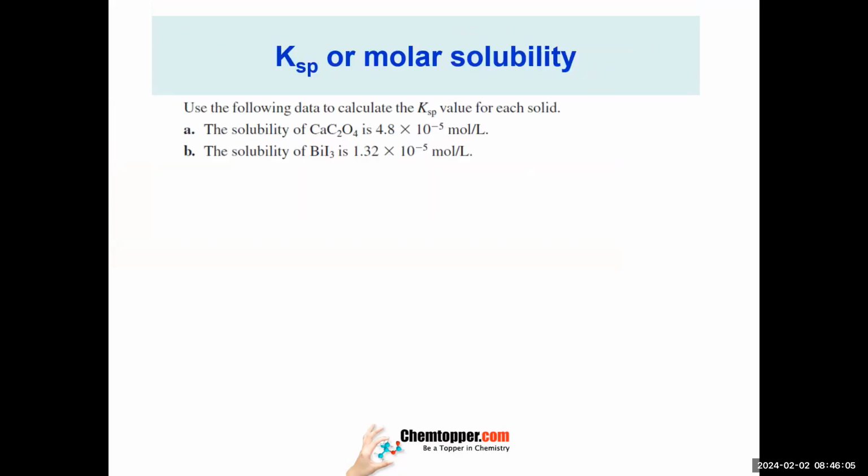This question, solubility means molar solubility, S. This is the salt. What type of salt is this? Calcium has 2 plus, C2O4 has 2 minus. What type of salt? AB. Children, I've given you a polyatomic ion list. Go through it.